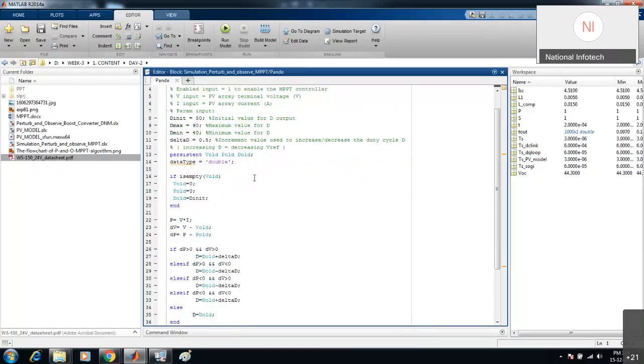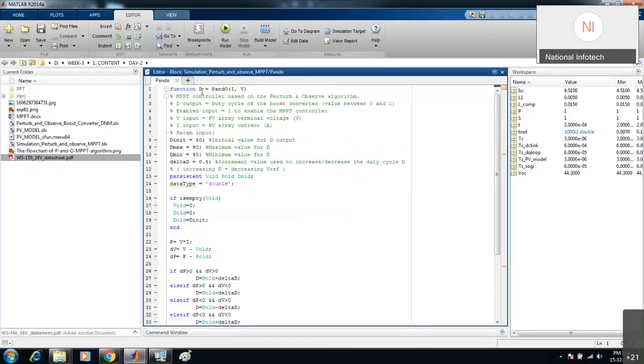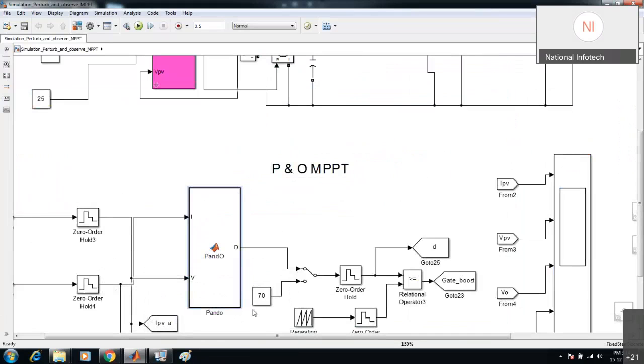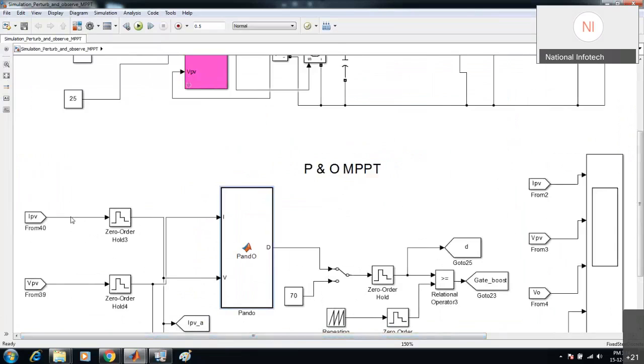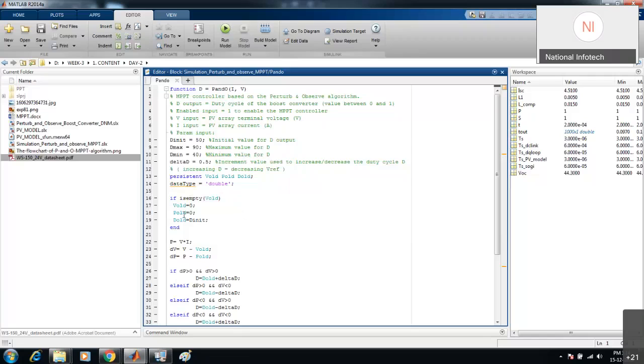So you see this duty D is a function of I and V. We will be giving the actual sensor values, IPV and VPV, and from that we will be calculating the power.